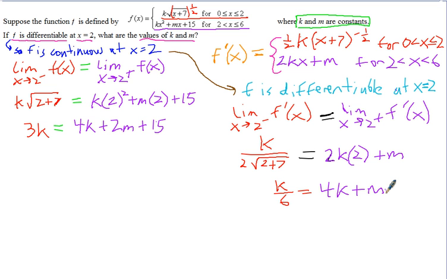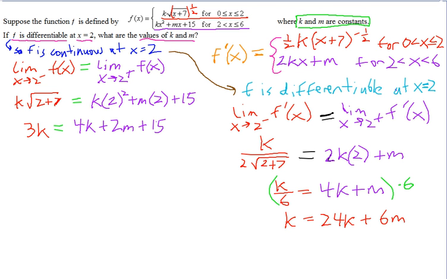So now we have two equations, two unknowns, k and m, so now we can solve it using substitution or elimination. There are different ways you can go about it. Say we first want to wipe out the fraction on this one. We multiply the whole equation by 6. Then we'd have k equals 24k plus 6m. Now let's see if we can get all the terms on the same side and use elimination here.